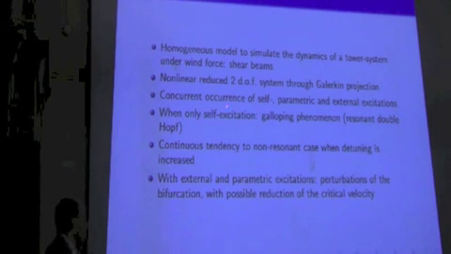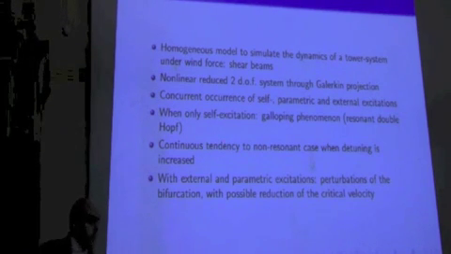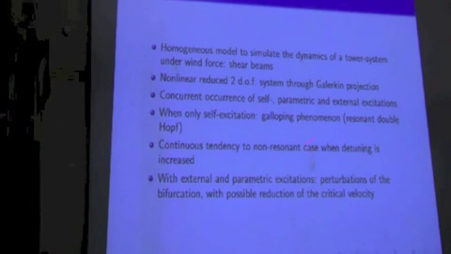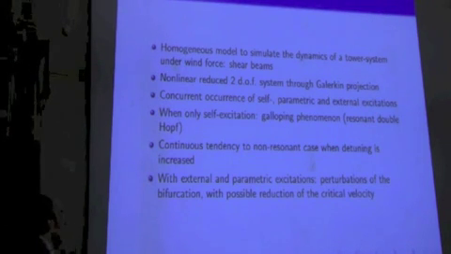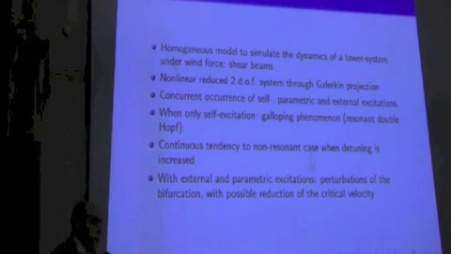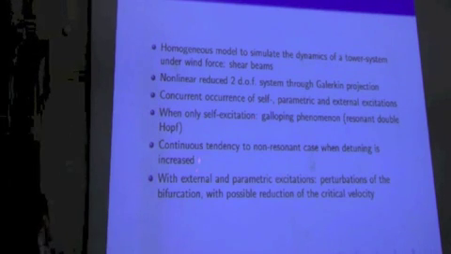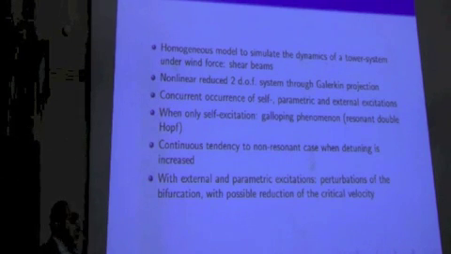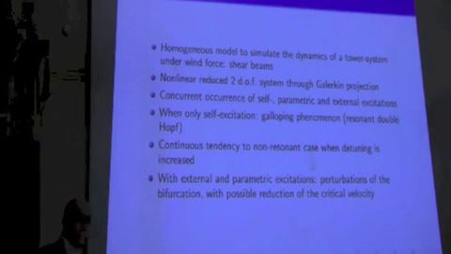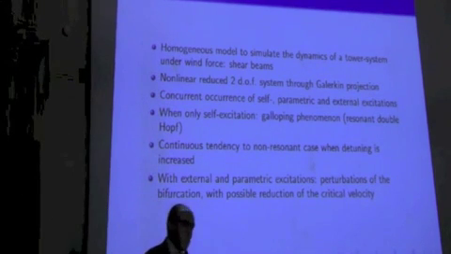When we consider just the self-excitation, we are in the galloping phenomenon, in particular one-to-one resonant double-Hopf bifurcation, and we have seen that the equations of motion, the normal form, continuously describe also the non-resonant case. When we consider external and parametric excitations, we have perturbation of the bifurcations with possible reduction of the critical conditions. Thank you for your attention.